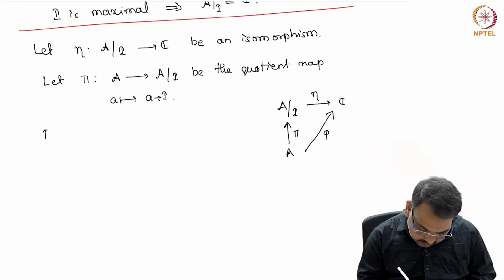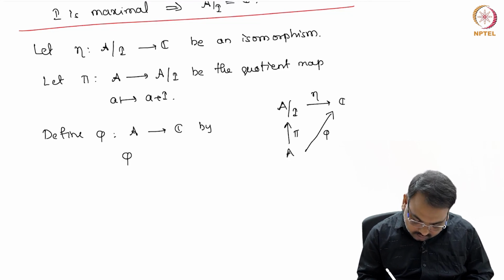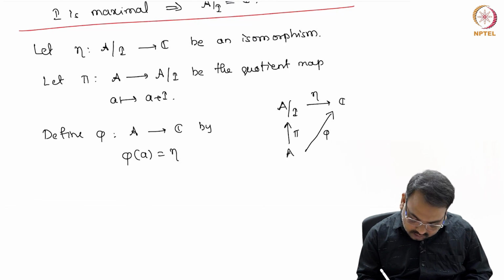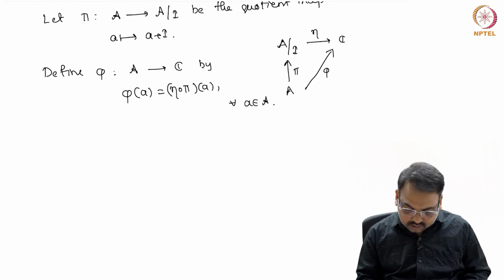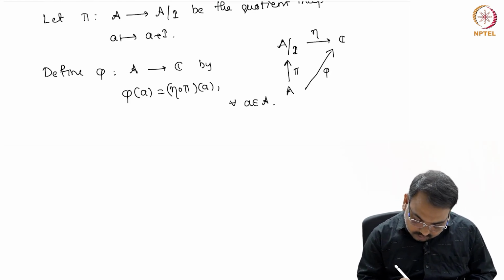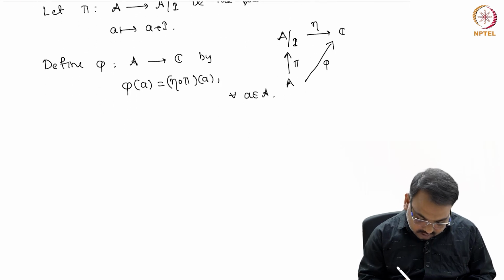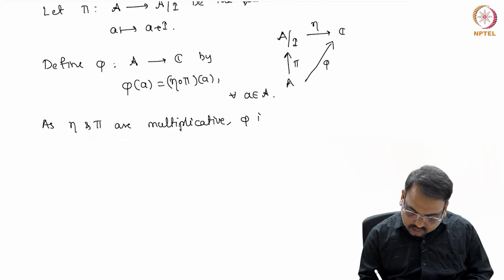So define phi from A to C by phi of a is eta composed with pi at a, for every a in A. Now we want to show that this is multiplicative and kernel phi is exactly I. But we know that both eta and pi are multiplicative. We can conclude that phi is also multiplicative.